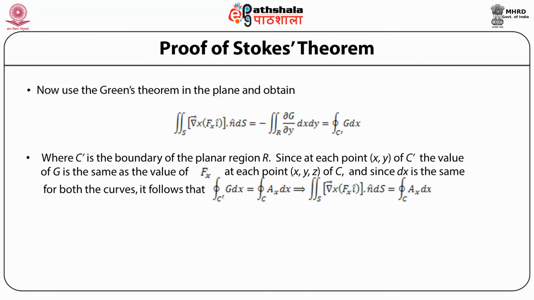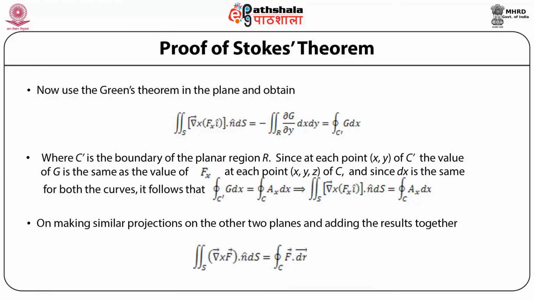This implies that the surface integral over S of (∇ × f_x i) · n ds equals the line integral around closed loop C of a_x dx. On making similar projections on the other two planes and adding the results together, we get the surface integral of (∇ × f) · n ds equals the line integral along the closed loop C of f · dr.